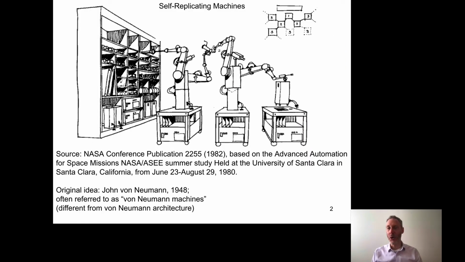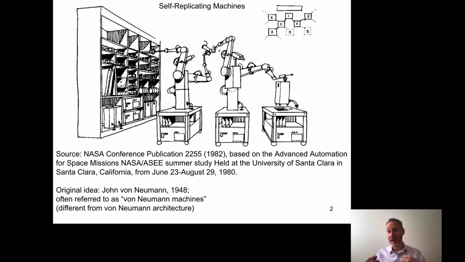This idea of robots making robots has also been around for a very long time. The original idea dates back to the Second World War, or just after the Second World War. And the idea came from John von Neumann, a pioneer in computer science.